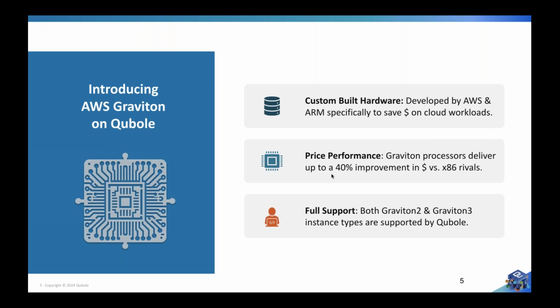As I said, I'll run a quick demo and you will see somewhere around 15-20% improvement in terms of performance, and this is not fine-tuned, compared to x86 or Intel rivals. Full support: at Qubole we support both Graviton 2 and Graviton 3 instance types.